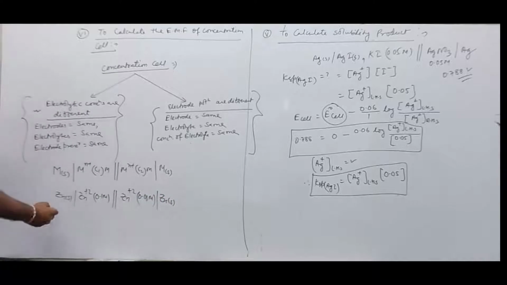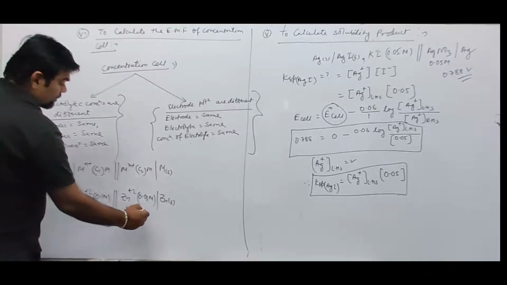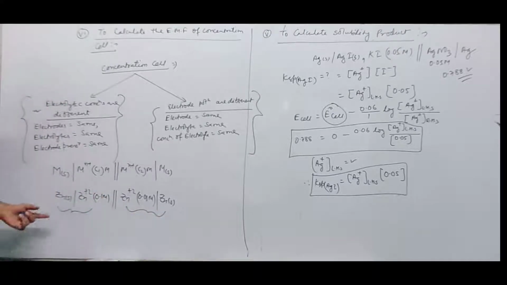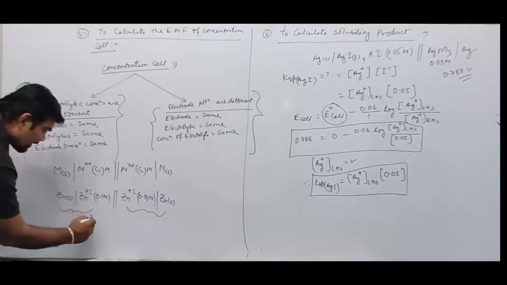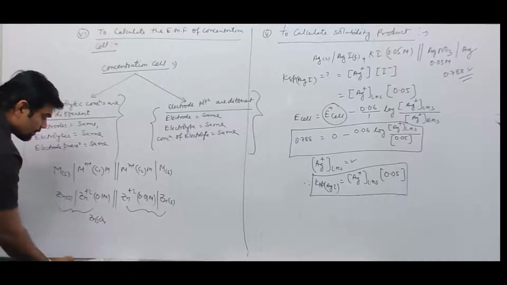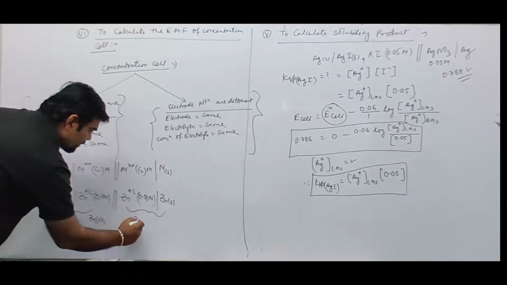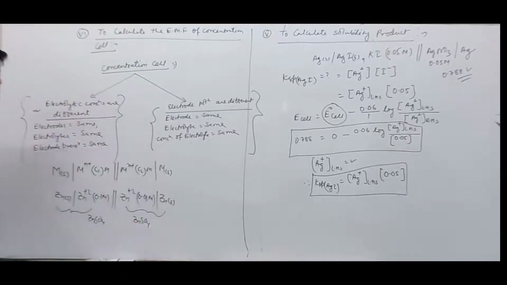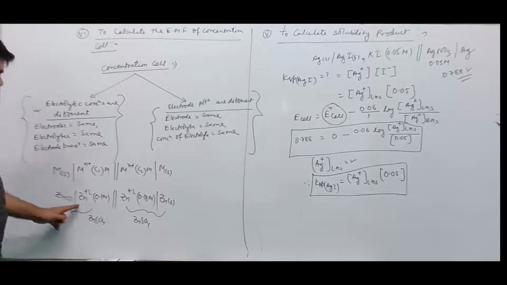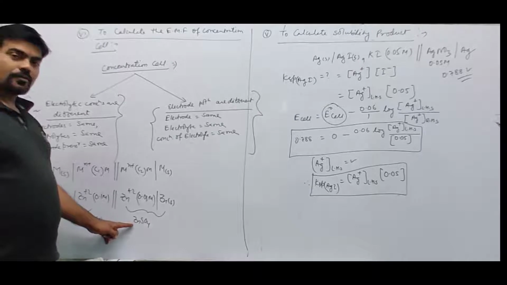So what is this? Same electrode, same electrolyte. Over here zinc sulfate, over here zinc sulfate. So at both the places there is zinc sulfate only. Same electrode, same electrolyte.